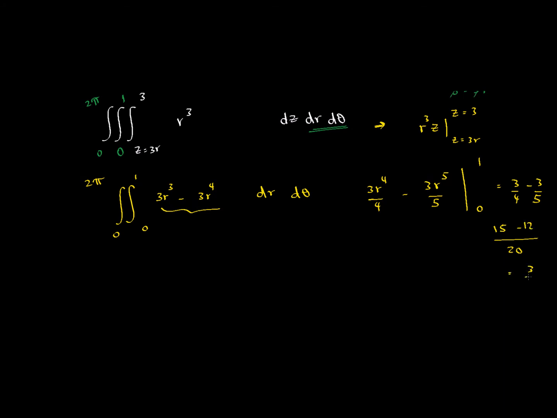It's equal to 3 over 20. So now we're integrating from 0 to 2 pi, 3 over 20 d theta. So that's going to be 3 over 20 times 2 pi. The 2 cancels with the 20, we get 10, so that's going to be 3 pi over 10. And that's the final answer.